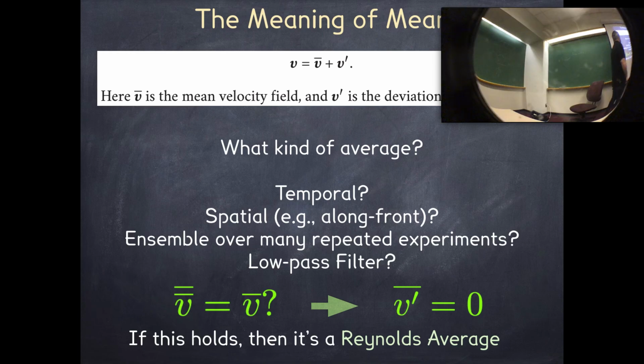Okay, and then the last form that we want to think about is what if we just take a low pass filter? So if we don't have the capability of doing an ensemble average, what if we're just doing observations? We can't go back, but we might think that the slower, steadier stuff was more mean than the less slow. The fast stuff was more turbulent.